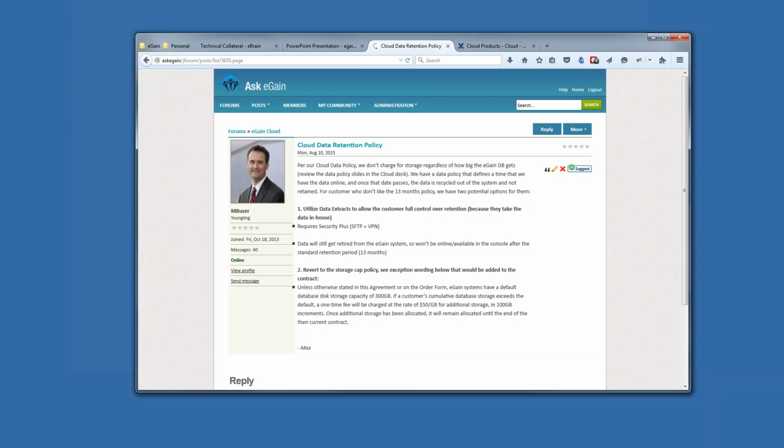We'll set up a data extract and they'll get their data and be able to retain it, because if they have retention requirements, typically they're retaining all sorts of data for 7 years or whatever it is. We want to put the eGain data in that same place so they can manage it all together, because they're going to know their retention needs better than we are. So that's the first option. Typically that happens when they have retention needs.